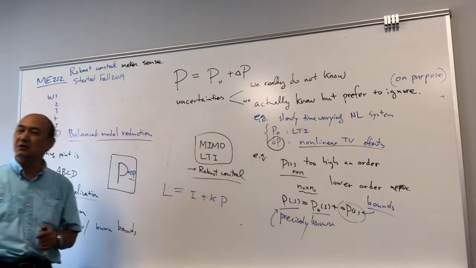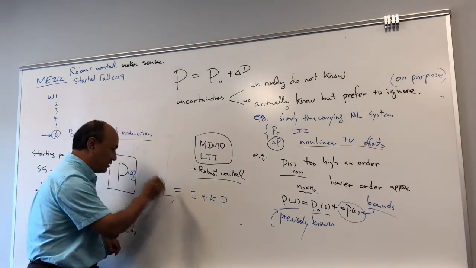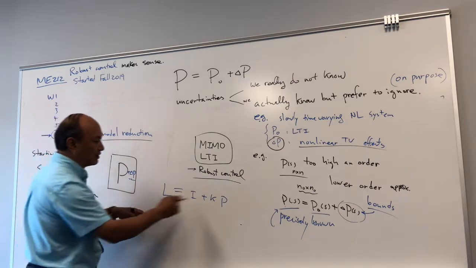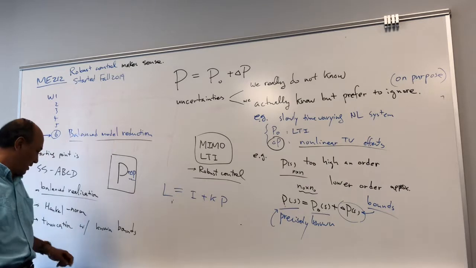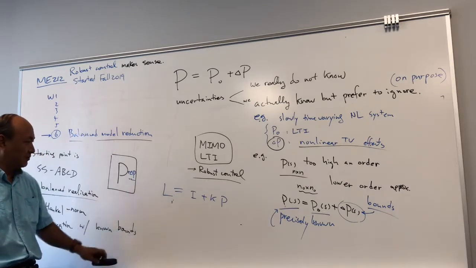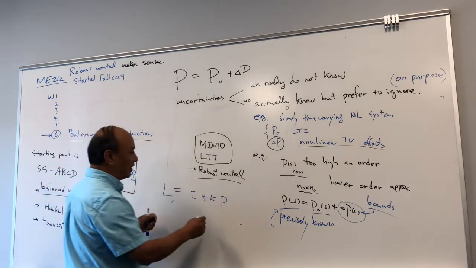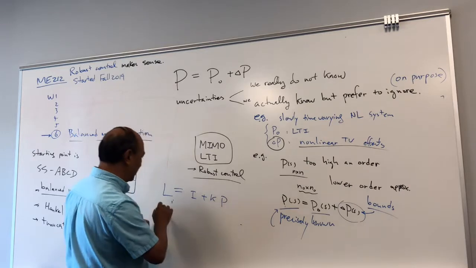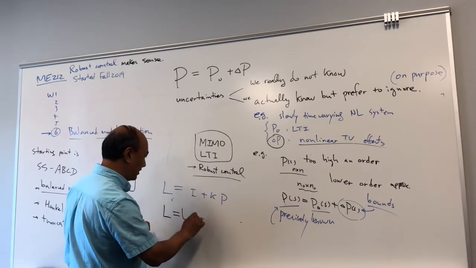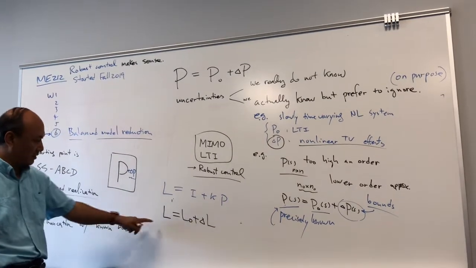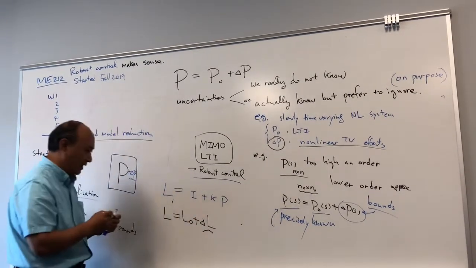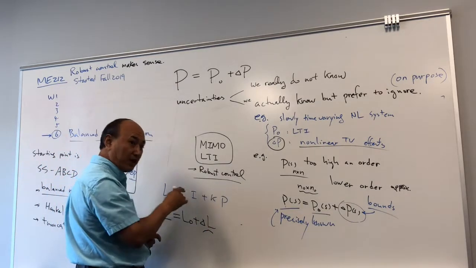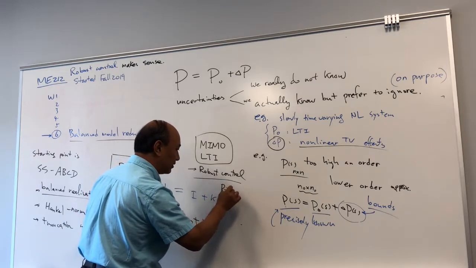Let's not talk about that, but the point I'm going to make is that from now on you should understand that L is L0 plus delta L. Of course, you have uncertainty, and this uncertainty is not only from P, but also from K. I'm going to explain in a moment.